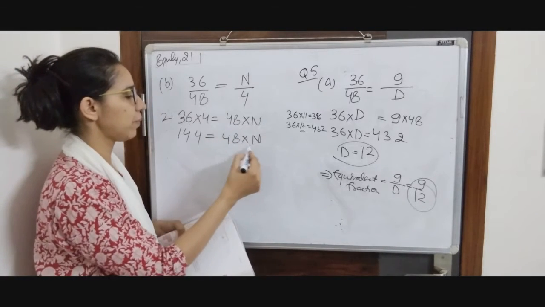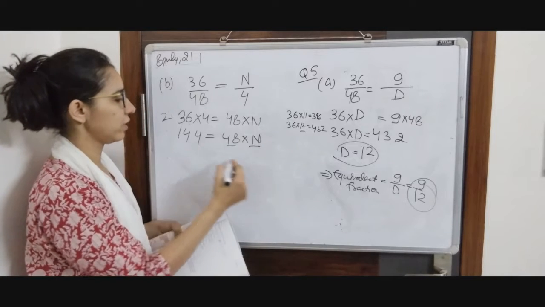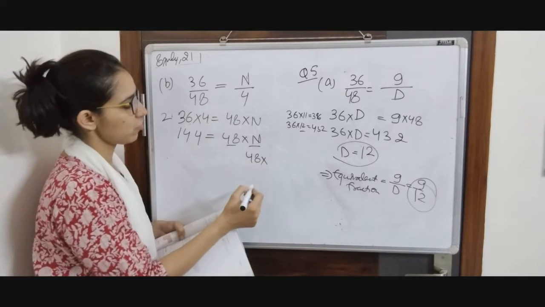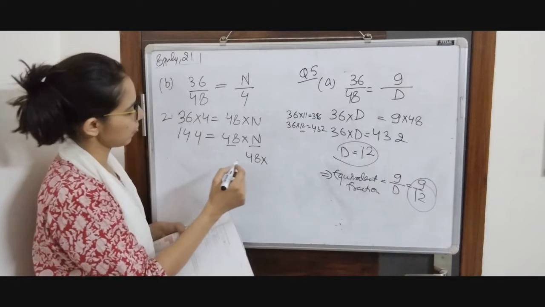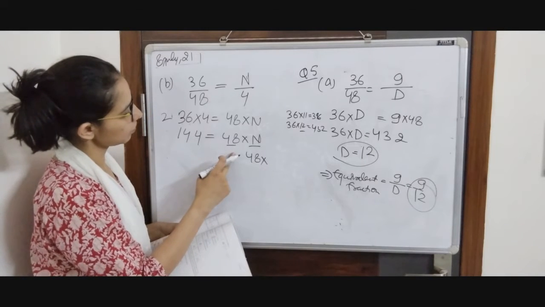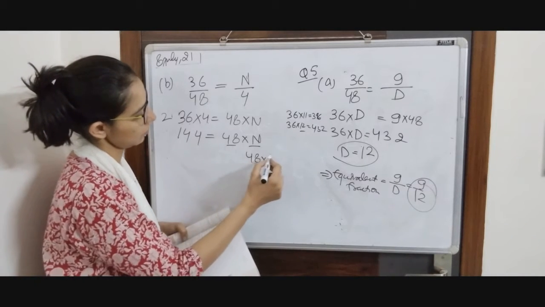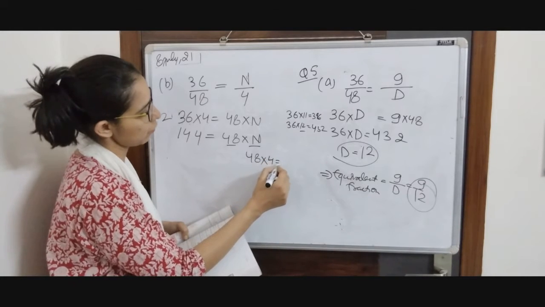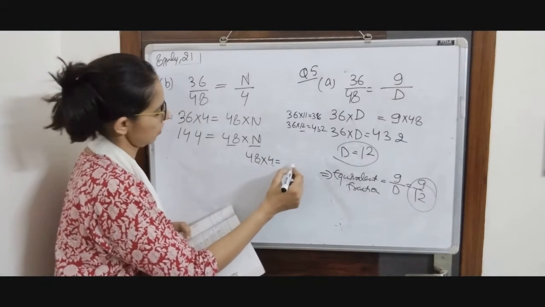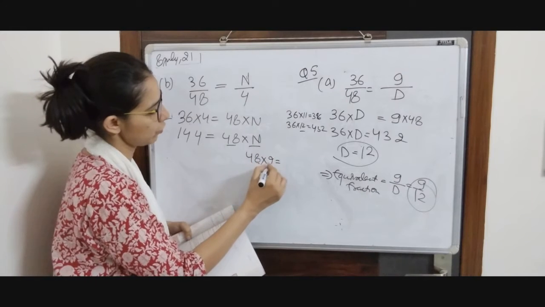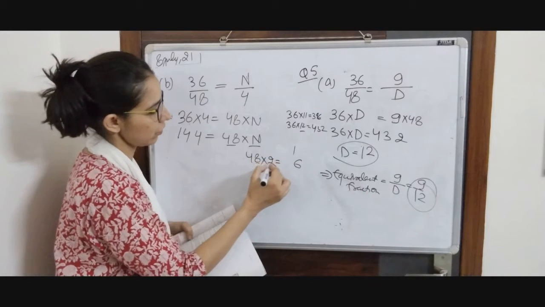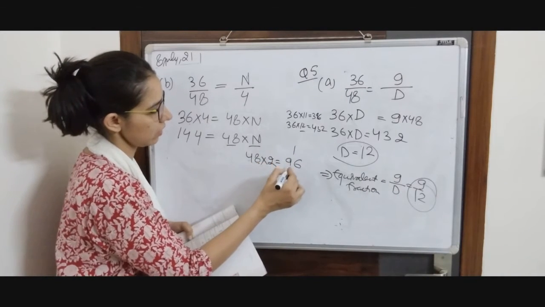So by what number 48 should be multiplied to get this? So we will check by trial and error. 48 into, will multiply by 4, it is going to be, okay, not 4, we are going to start with 2. It is going to be 96.